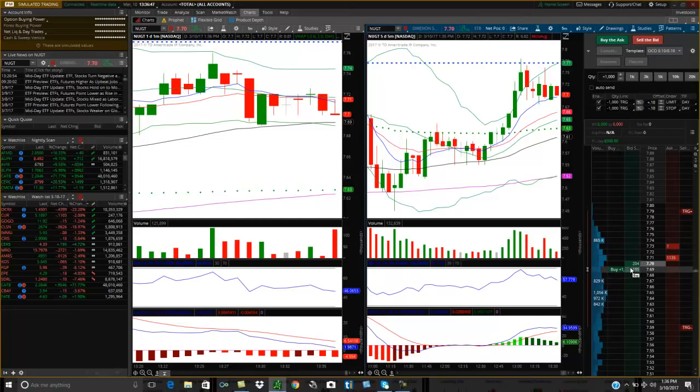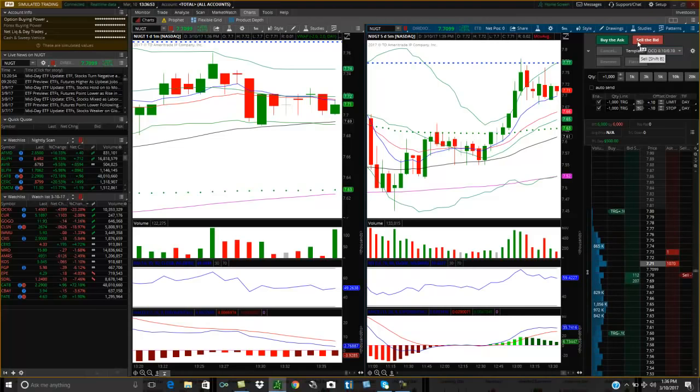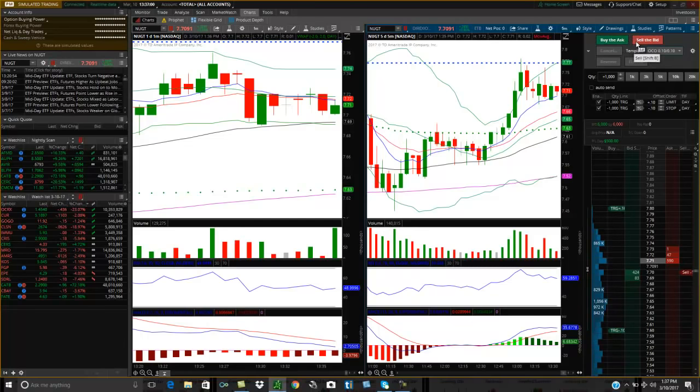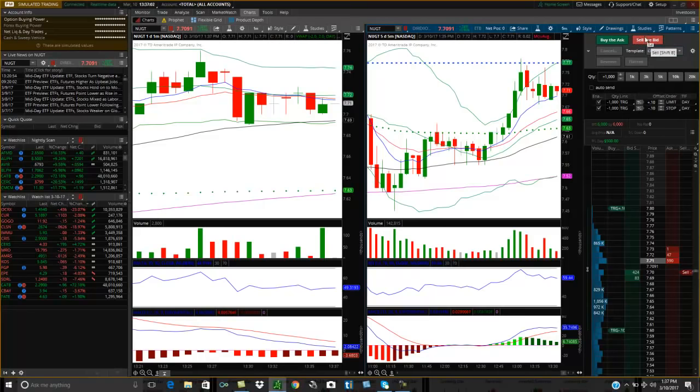If I believe it's going to go down and I want to short, I would click over on this side, the sell side. If I just click on sell the bid, that's shorting. So buy the ask is buying it, sell the bid is actually shorting. So if I don't have shares and I sell the bid, that means I'm shorting. So selling the bid without shares is shorting, buying the ask is buying.